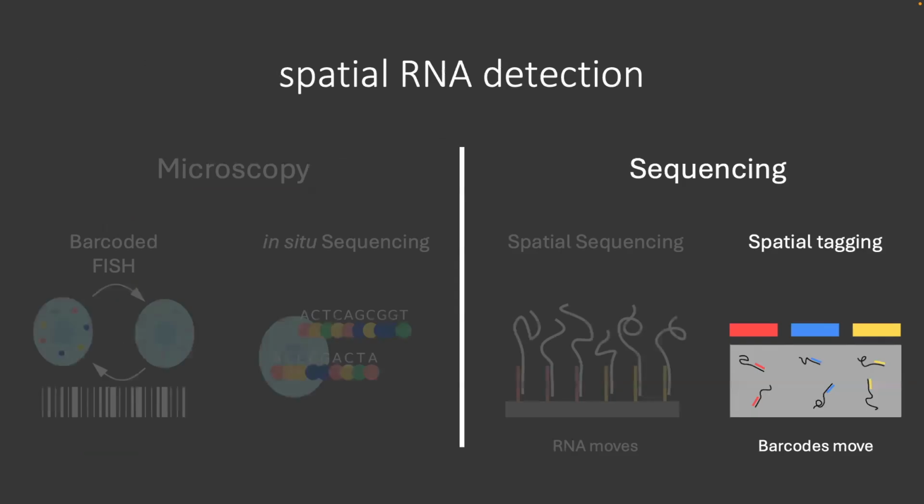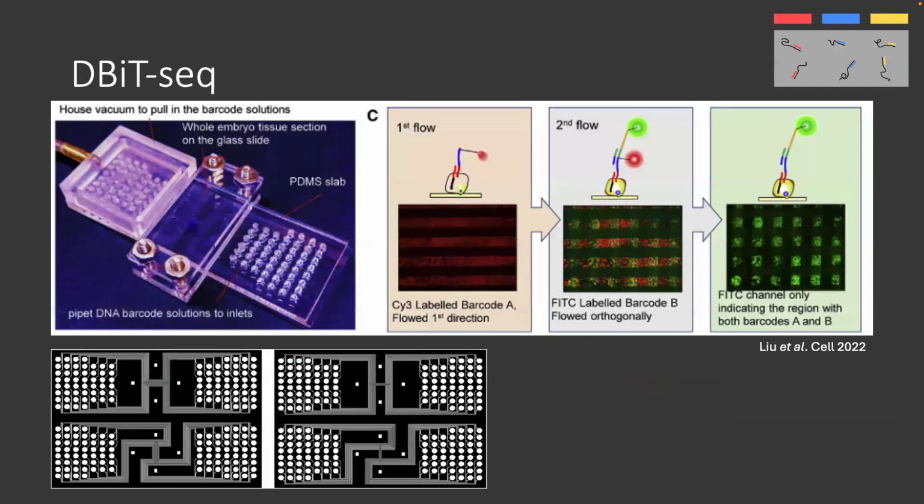All right, then the last bit, we'll do this very briefly, which is spatial tagging, where the barcode moves towards the target. There's a few different methods here. First one I want to highlight is DBiT-seq. This is a microfluidic approach where you have this microfluidic device, and this has all these channels.